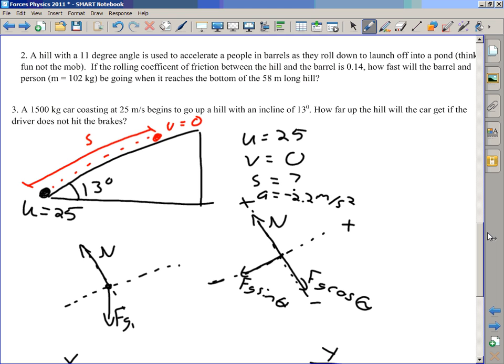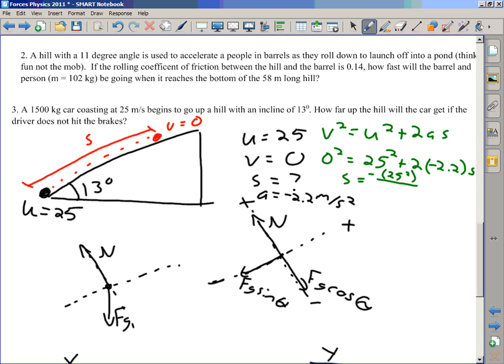What would you like me to use? v squared equals u squared plus 2as. 0 squared equals 25 squared plus 2 times negative 2.2 times s. s is going to come out to be, moving the 25 squared to the other side, negative 25 squared divided by 2 times negative 2.2.